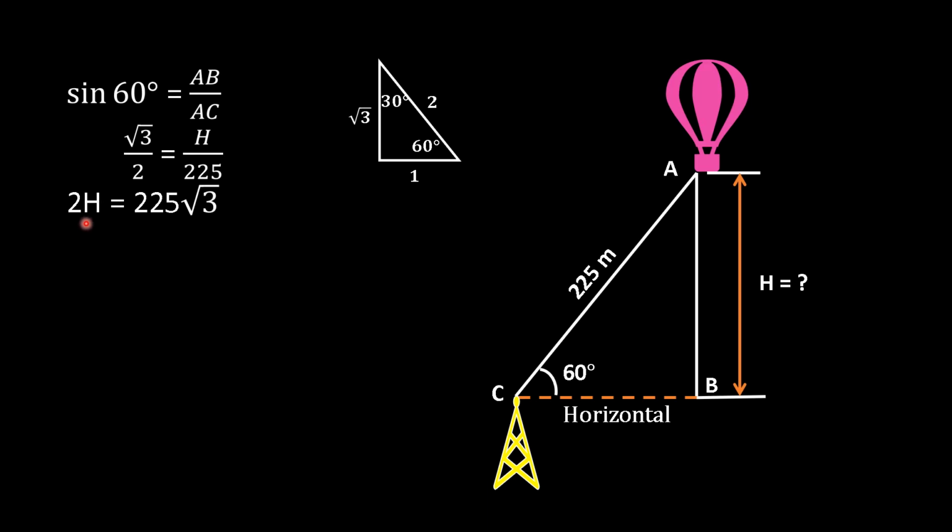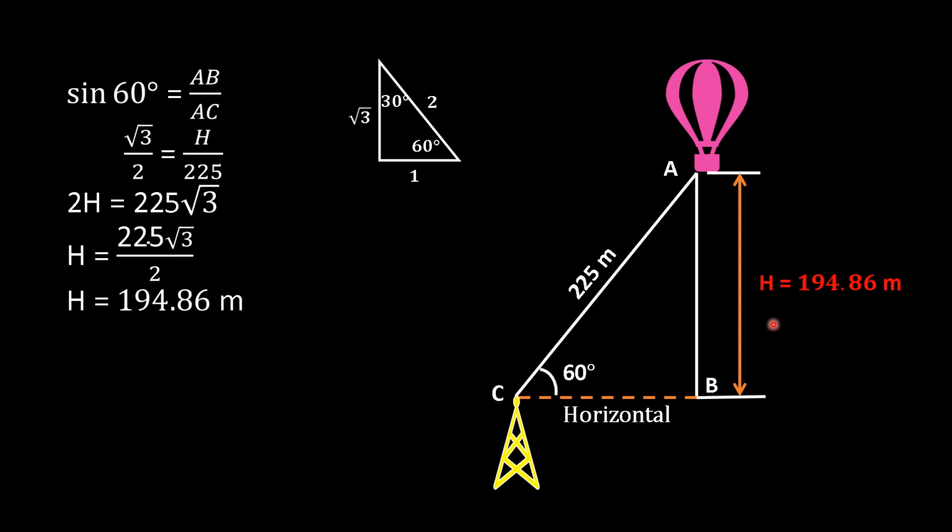It gives 2h equals 225 root 3. H becomes 225 root 3 divided by 2, which will be 194.86 meter. So the height of the balloon will be 194.86 meter.